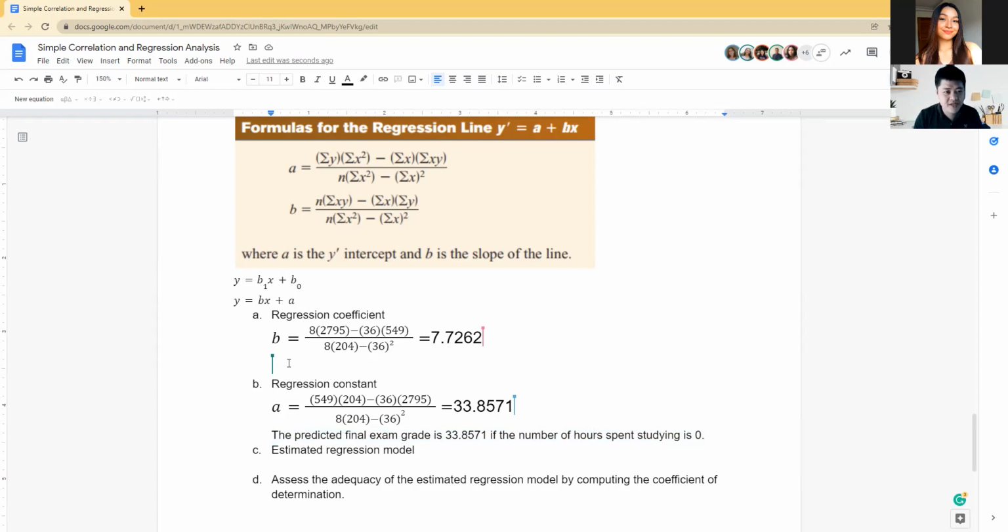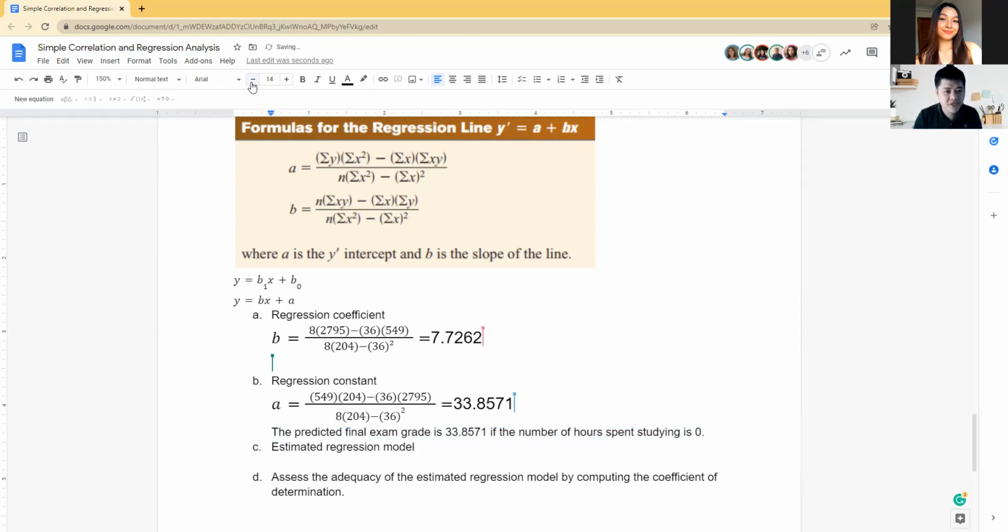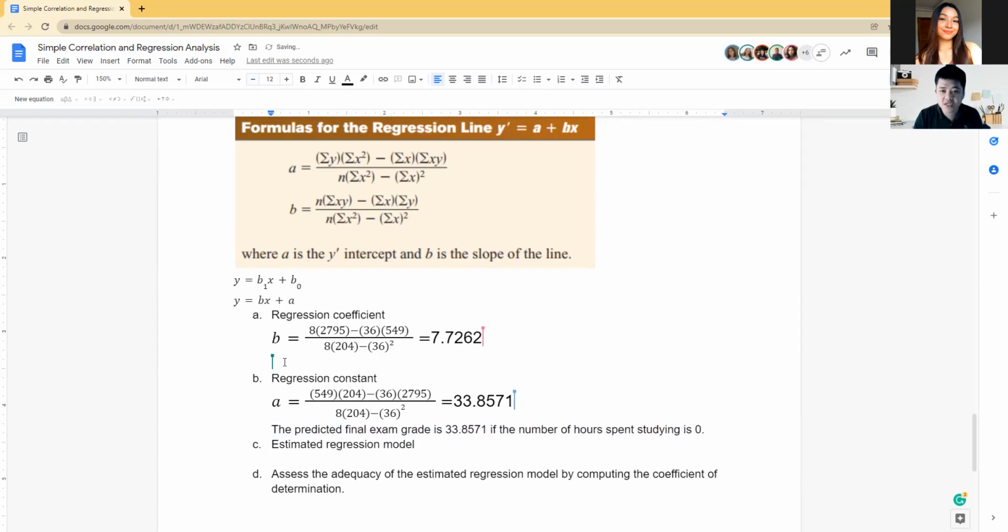So for the regression coefficient, this is actually the rate of change. The rate of change in your final exam grade, that's your y, if you increase or if you change your independent variable.